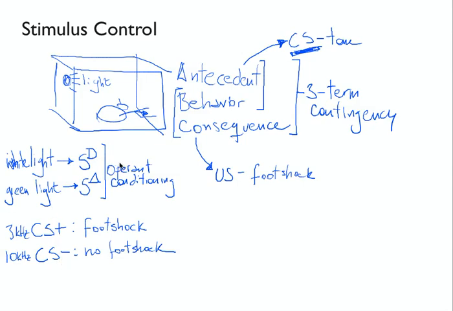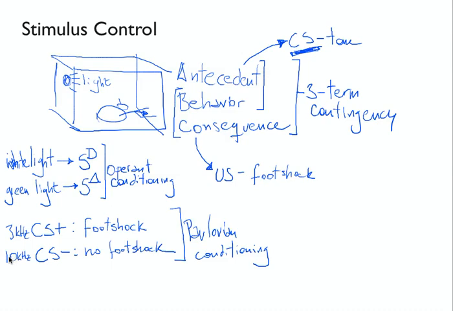Same thing, and this is the case in operant conditioning. In Pavlovian conditioning, you have a very similar situation in which you turn on the 3 kilohertz tone, a low frequency tone, and that results in the animal freezing because it's anticipating food shock.